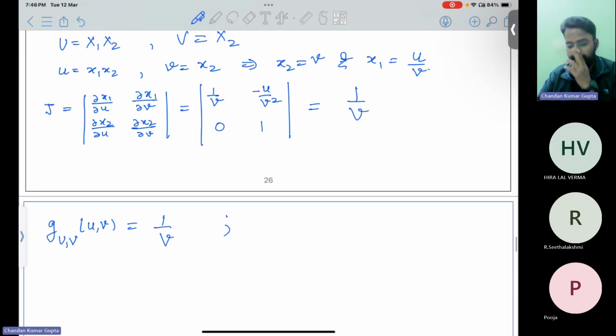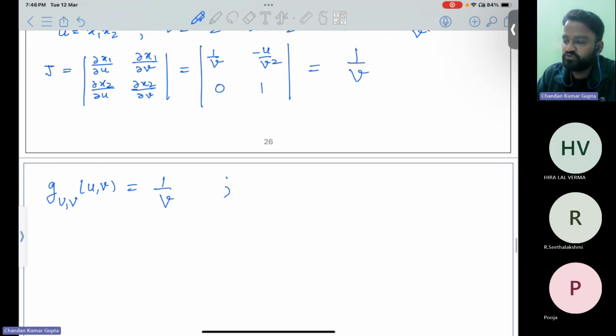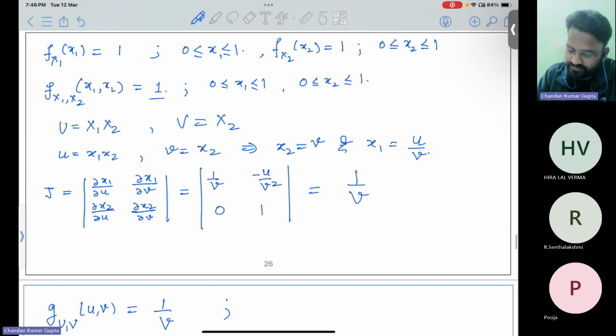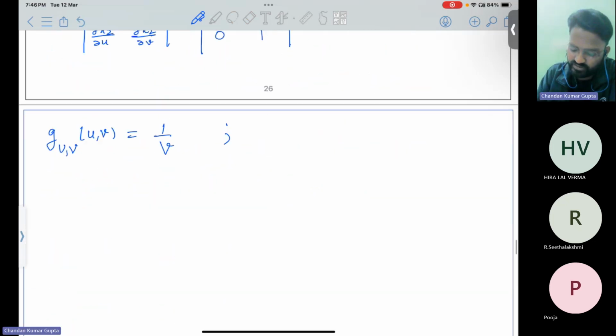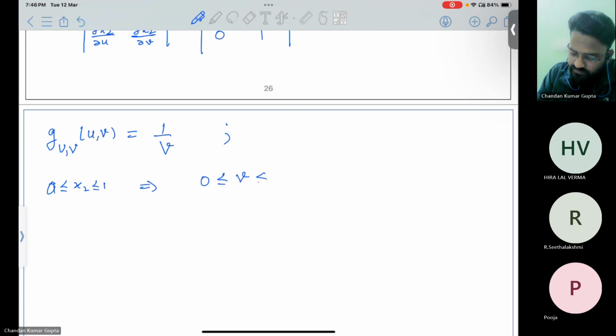Now the range of u and v. Here x2 equal to v, so x2 lies between 0 and 1, which implies v is between 0 and 1.